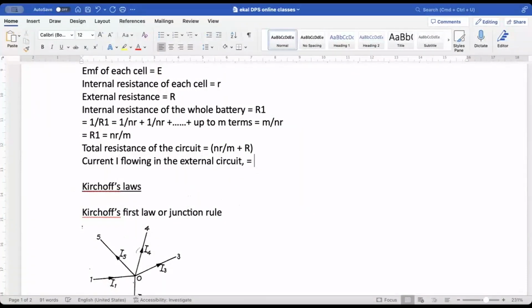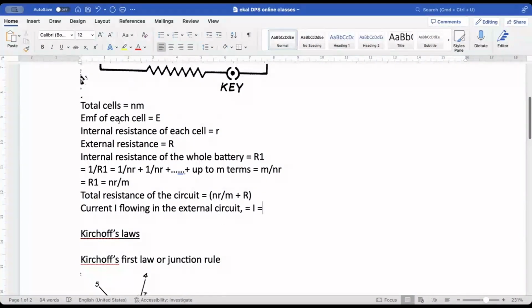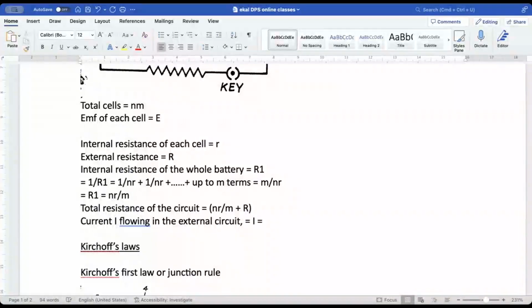So I is equal to the total EMF, because EMF of each cell is E, so total EMF will be n times E, because there are n cells.